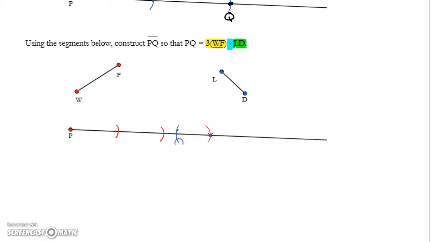And now my arc should open up like this. That's my last spot. I've gone 3 WFs, then taken away an LD. That's where I put my final point and label it Q. This is my segment that I've been able to create by taking 1, 2, 3 WFs and subtracting an LD.